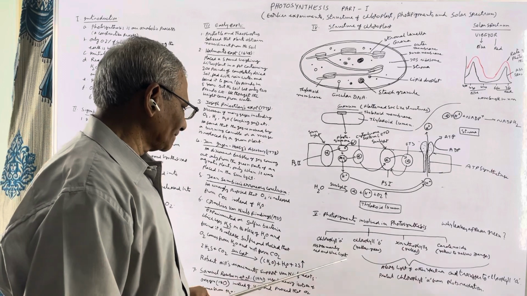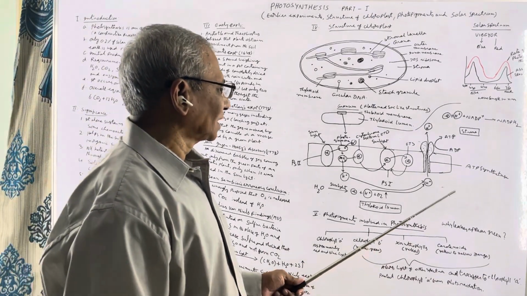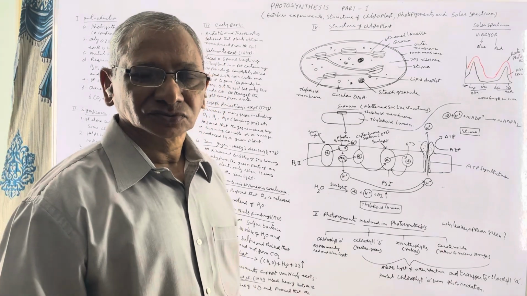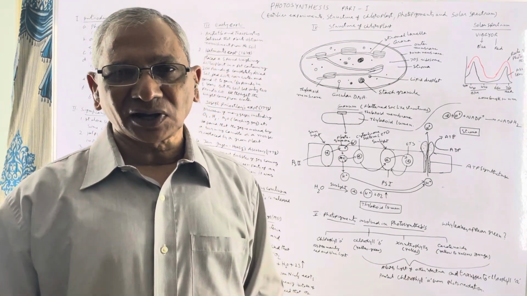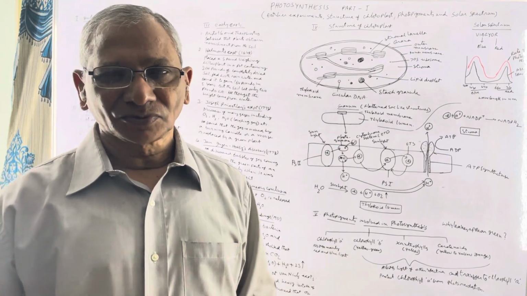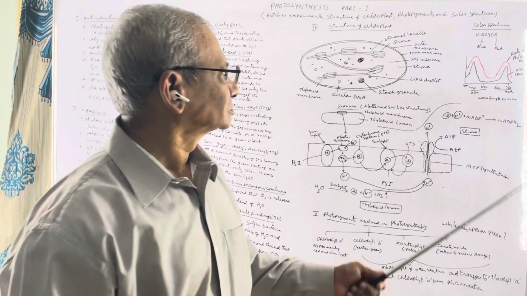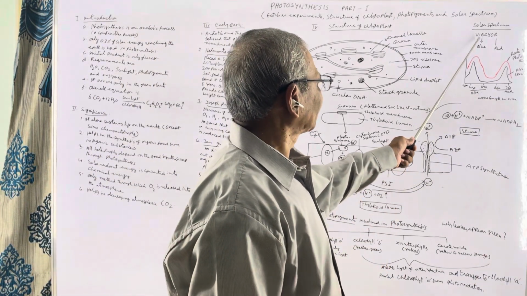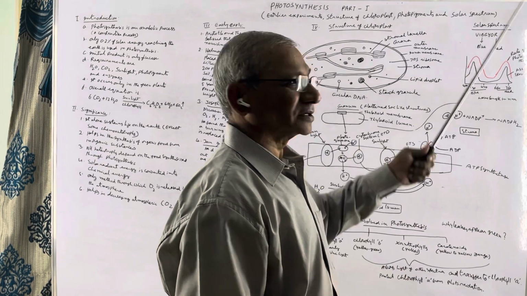Chlorophyll A, one more point I have to explain. In the sunlight, we find 2 spectra. Visible spectra, invisible spectra. Visible spectra means VIBGYOR. Violet, indigo, blue, green, yellow, orange and red.